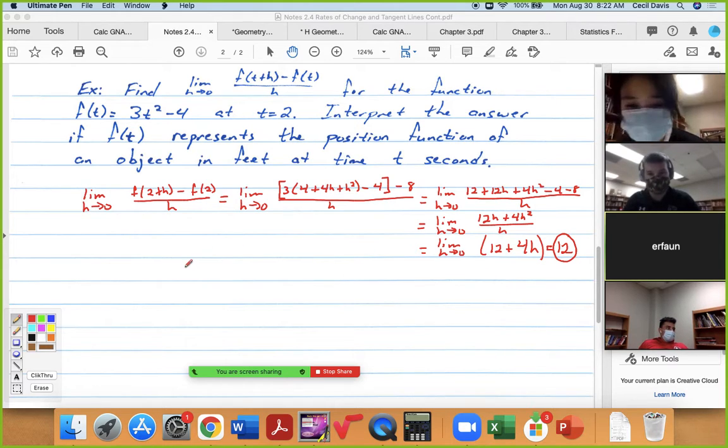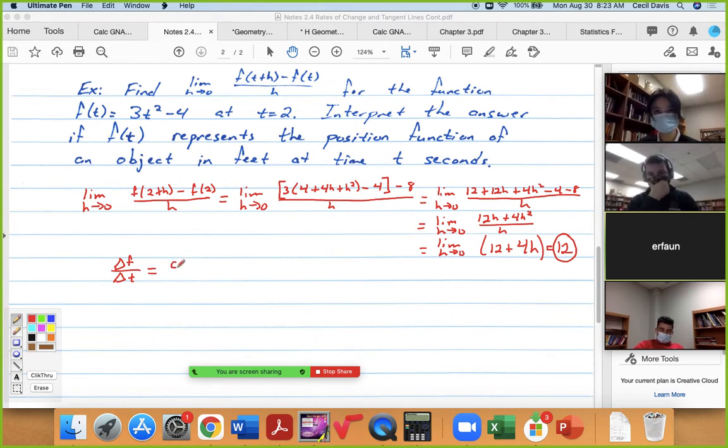Then the second part says, well, what is it that this tells us? Well, this was the change in f over the change in t. And f is the position of an object in feet. Okay.